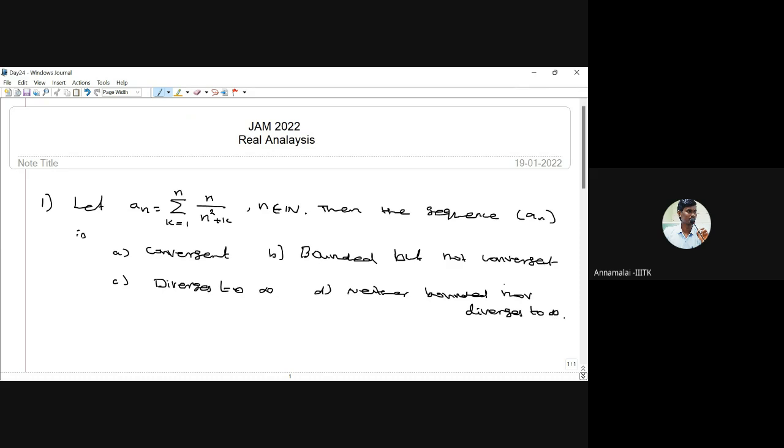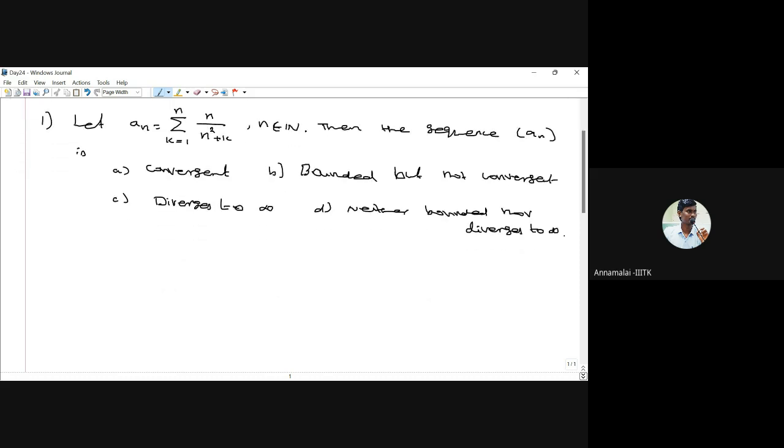Okay, now we have to expand this summation. So what is a_n? A_n is nothing but, if we substitute k equal to 1, we get n by n square plus 1, and if we substitute k equal to 2, we get n by n square plus 2, and so on. In the final term we get n by n square plus n.